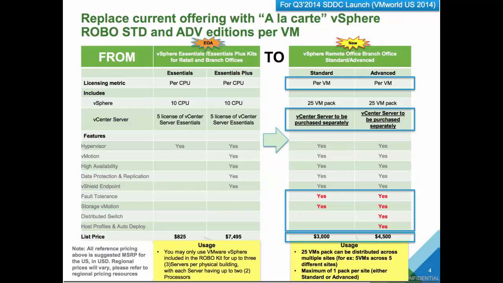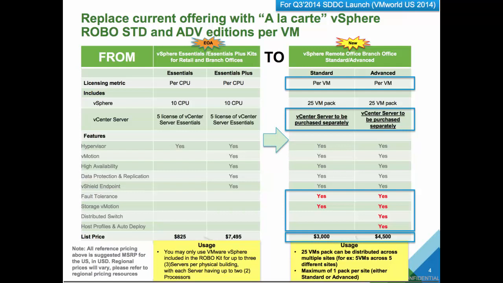It came with vCenter Essentials, and then as you see here in the chart, it was missing a lot of the capabilities that the higher level vCenter editions have that many admins want to use, especially fault tolerance, storage vMotion or distributed switching. Well, you would have to go to those higher level, much more expensive licenses before to get those capabilities.